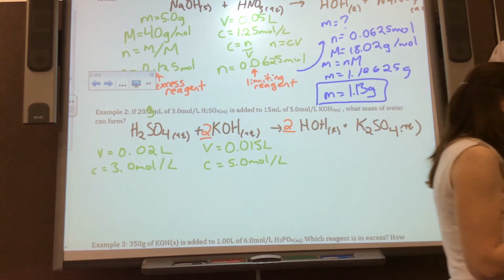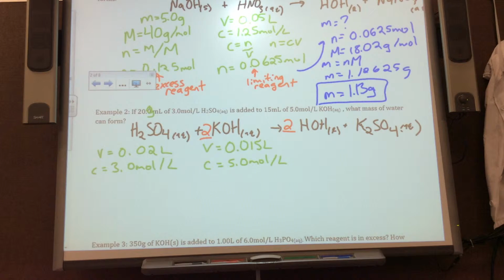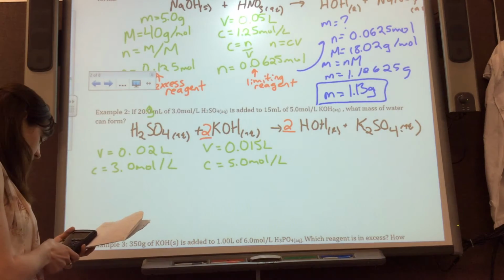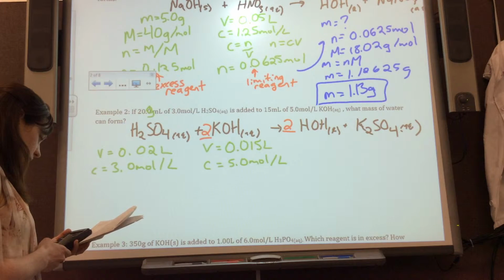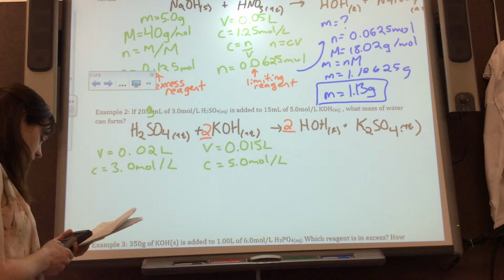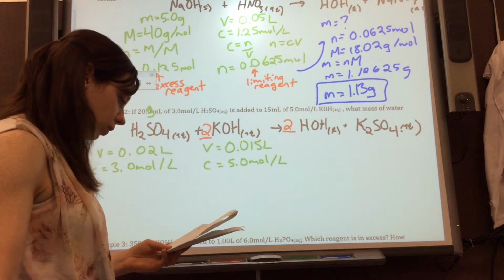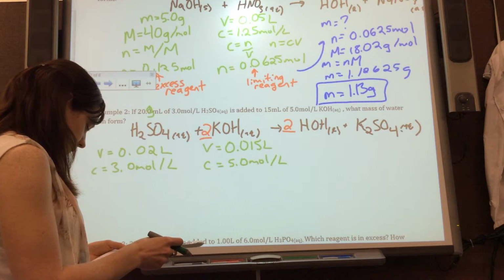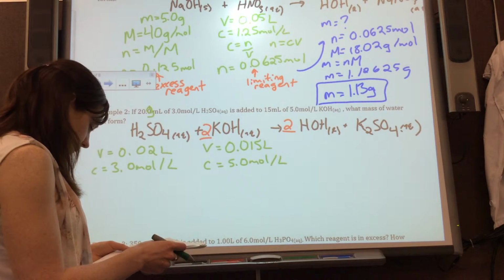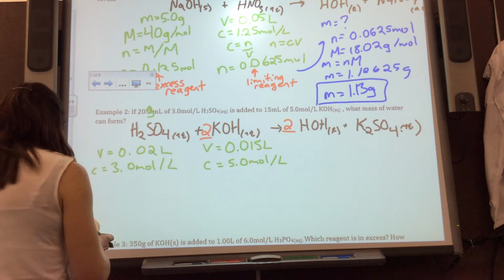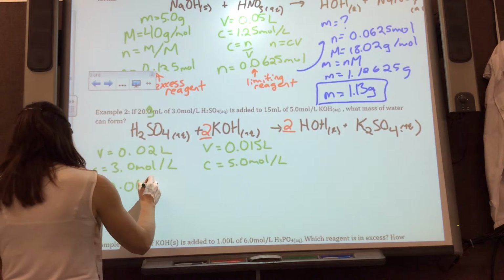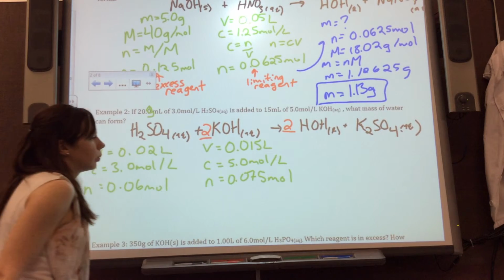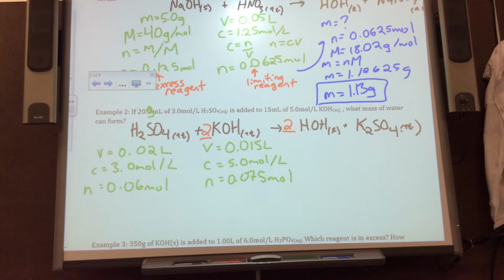Okay, so find the moles of each. Okay, so we have our 2 moles of our given, but it's not a 1-to-1 ratio anymore.